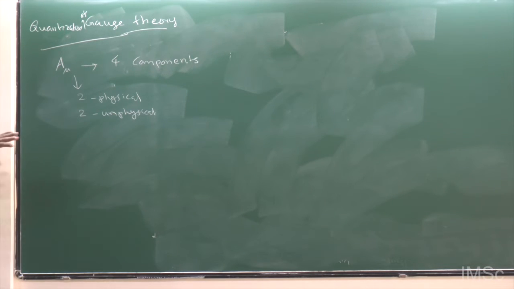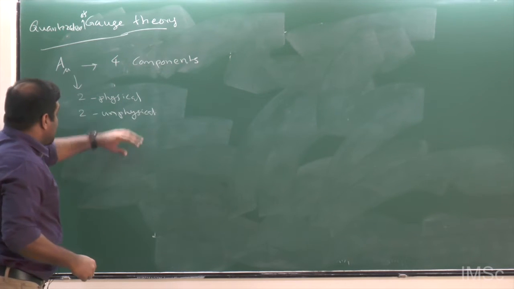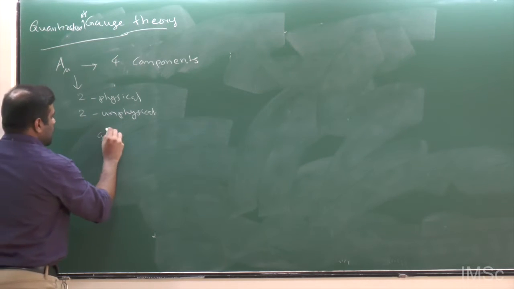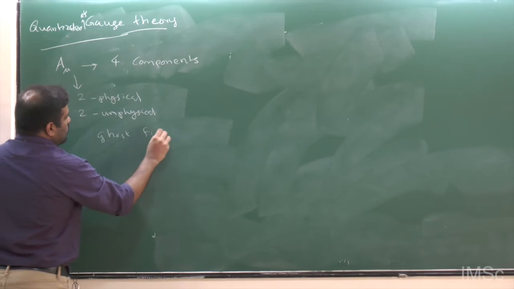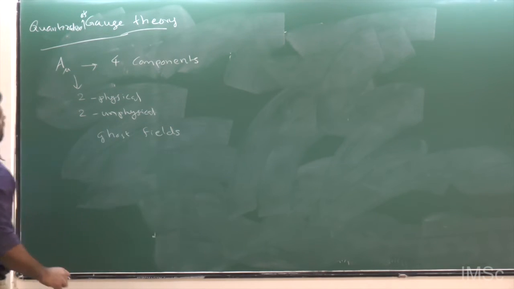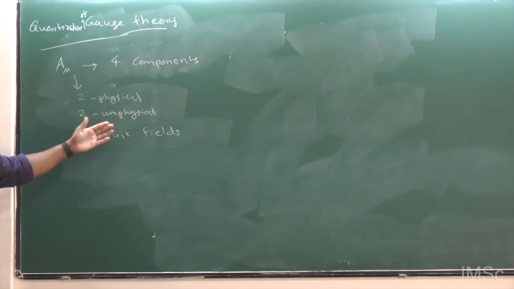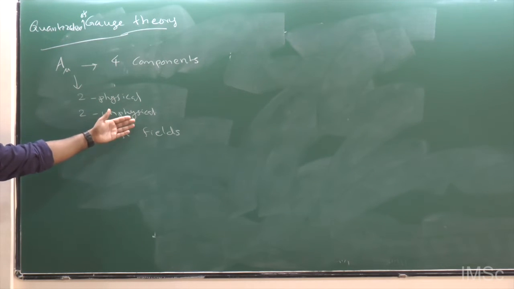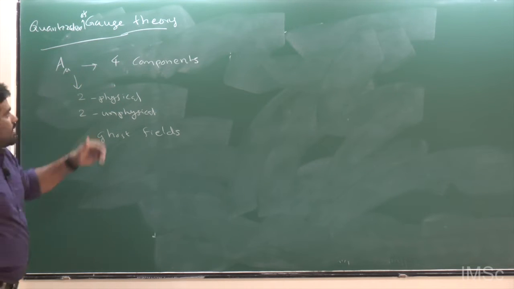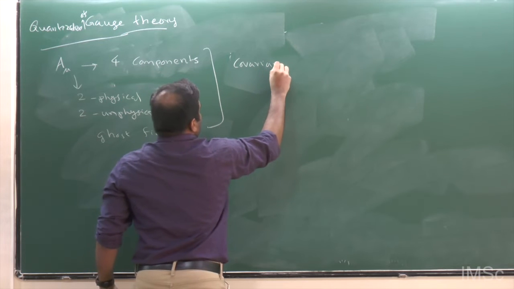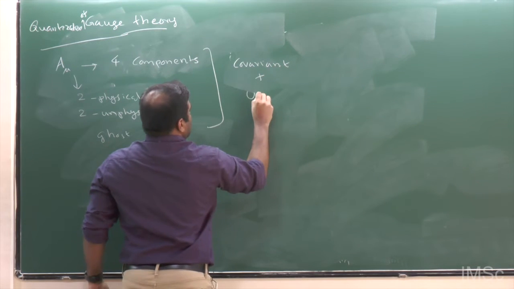So that's equivalent to saying that you seem to have a non-unitary theory. To make the theory unitary, you have to introduce additional ghost fields. So once you introduce ghost fields, the contributions that come from these negative norm states will be cancelled. So the full theory is covariant plus it's unitary.